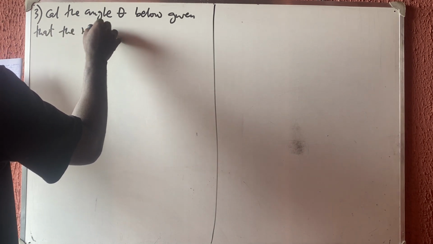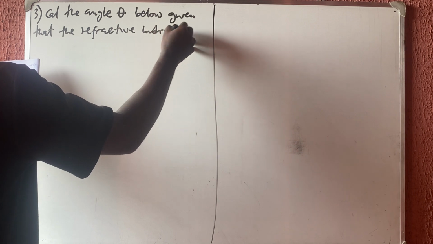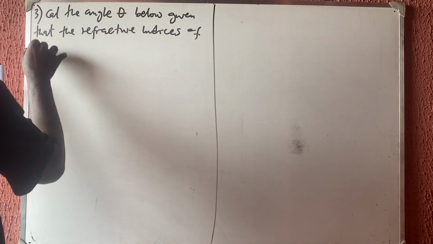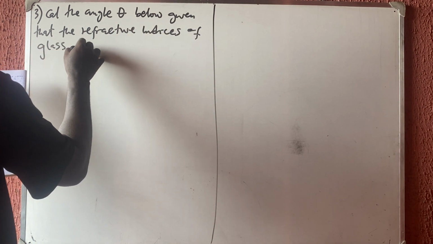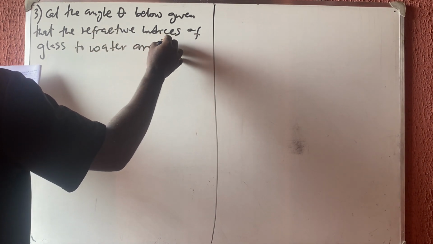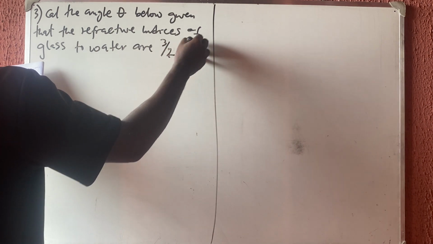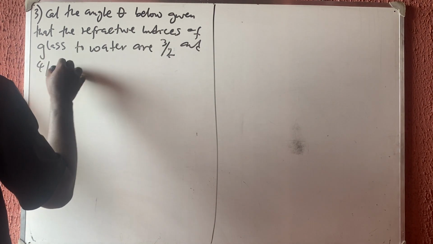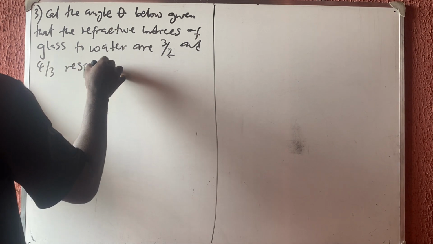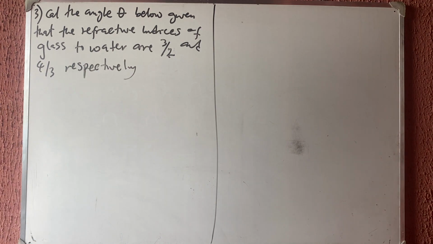the refractive indices of glass to water are 3/2 and 4/3 respectively. So you can pause the video and try this.